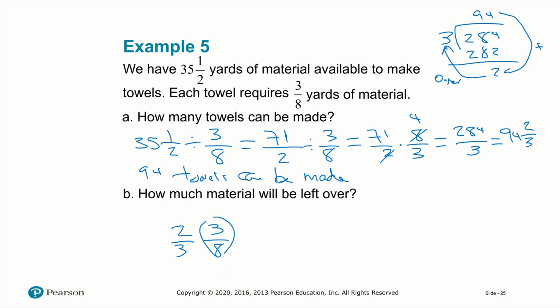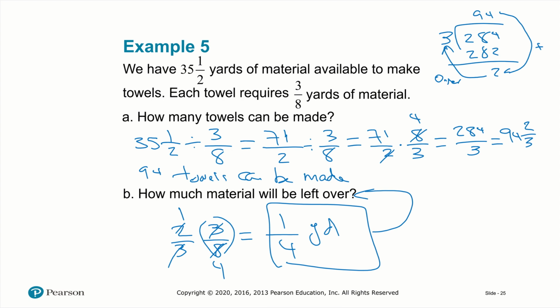All right, I hit the wrong button there. So 2/3 of 3/8 is, of course, these cancel out. You get 1 and 4, so we get 1/4 of a yard is how much is left over. Okay, so that's how you do that one.